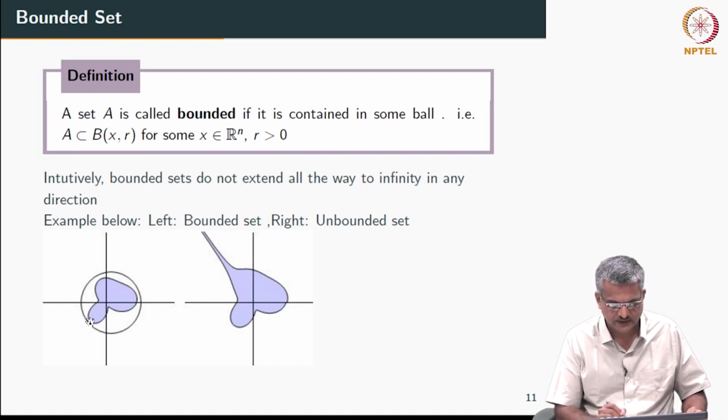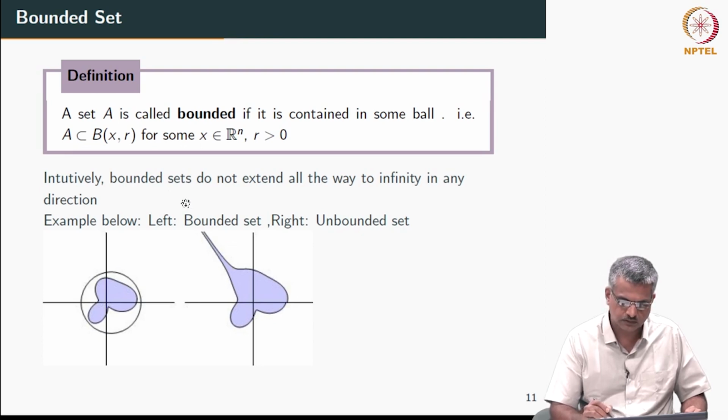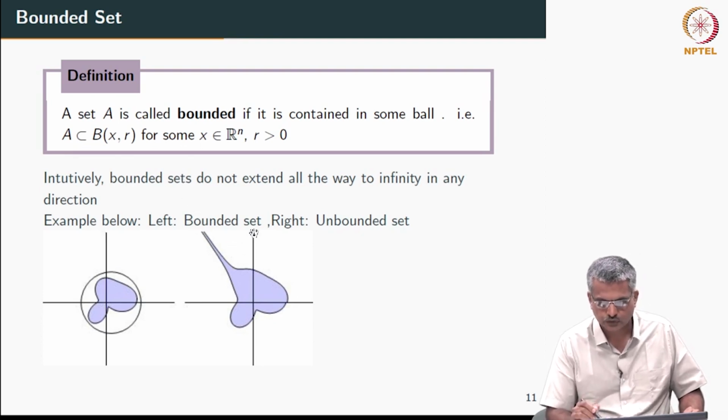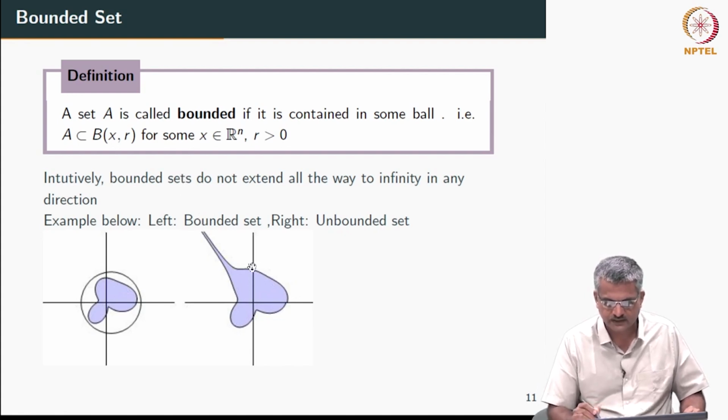This is a set A, and you can bound it with an open ball with some center and some radius r, whereas this set you can see that it is unbounded because this part continues infinitely, it opens up infinitely. So, you will never be able to find a center x and a radius r such that this set is contained in a ball.